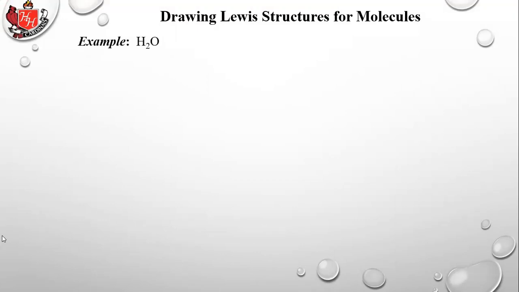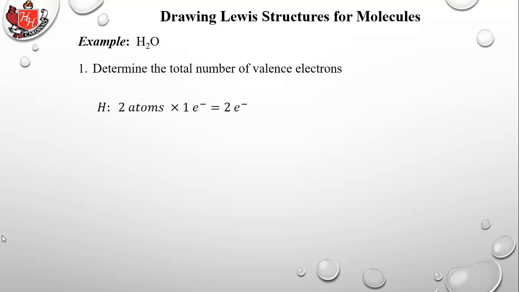So, example, H2O. We're going to draw that. You've seen that already drawn in this class many times. So number one, determine the total number of valence electrons. We have two hydrogen atoms. Each one has one electron. Remember, e minus is the symbol for an electron. And then you have an oxygen, and it has 6 valence electrons.